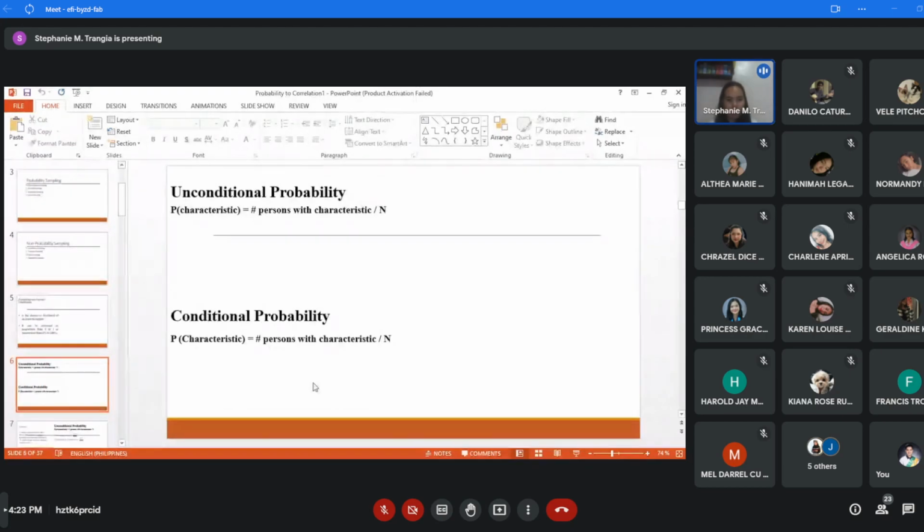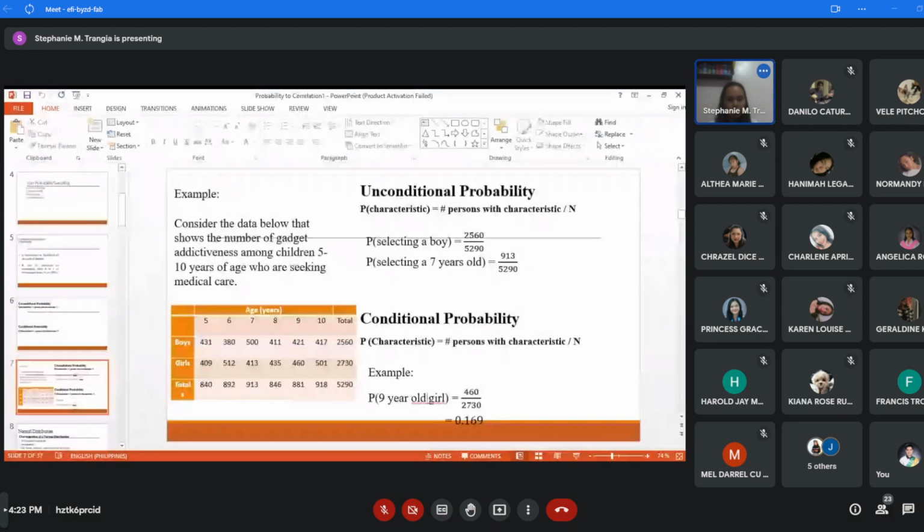So here is our example. We consider the data below that shows the number of gadget addictiveness among children 5 to 10 years of age who are seeking medical care. So, in the unconditional probability, we say probability of selecting a boy. So, how many boys are there?